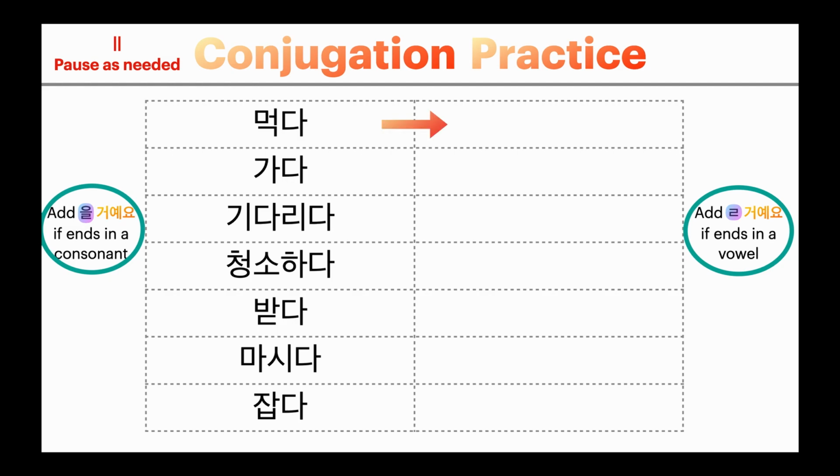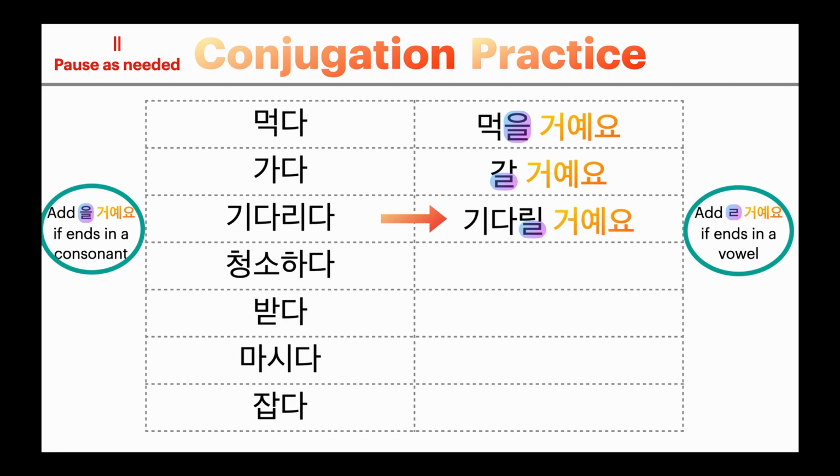Let's start with 먹다. How do you say "will eat"? 먹을 거예요. 가다, will go. 갈 거예요. 기다리다. We'll wait. 기다릴 거예요. 청소하다.